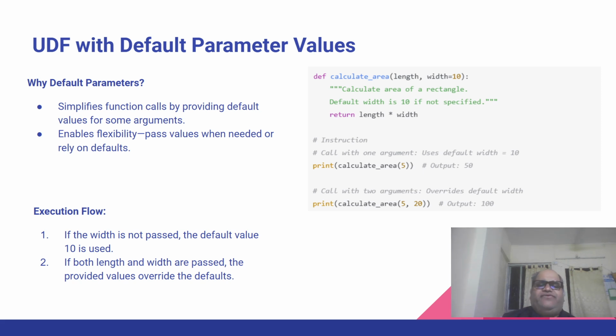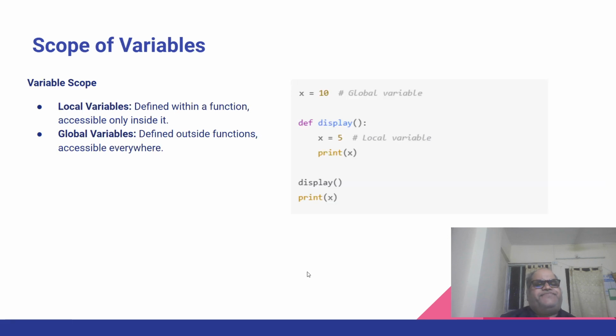That will result in an appropriate error. Once we get into the Jupyter Notebook, we'll show you the error stack trace for that. Hopefully you have got a good idea about UDFs with default parameter values.